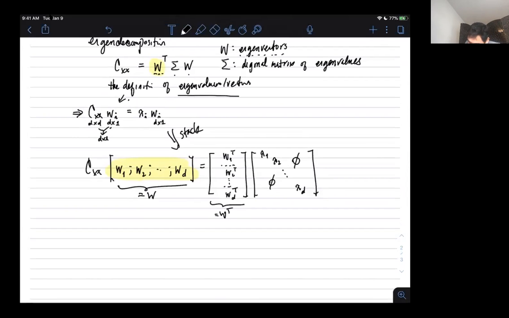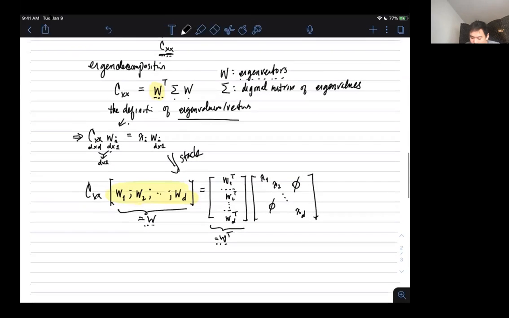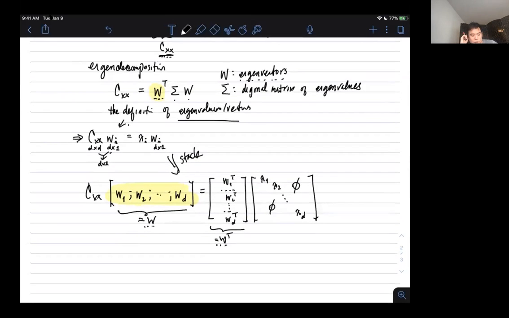These W's are orthonormal matrices. Why are they orthonormal? That's because of the definition of the eigenvectors. When we extract all these eigenvectors, we can get as many eigenvectors as there are rows or columns in this original square matrix.